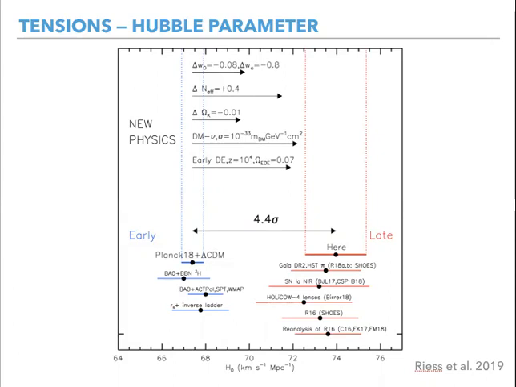For example, there is this 4.4 sigma tension on the Hubble parameter between the measurement done by CMB and the measurement in the local universe from strong lensing of type 1a supernova. This tension could either mean that there is some unknown systematics during the measurement, either in the early universe one or in the late universe one. However, it can also mean that there is some new physics.